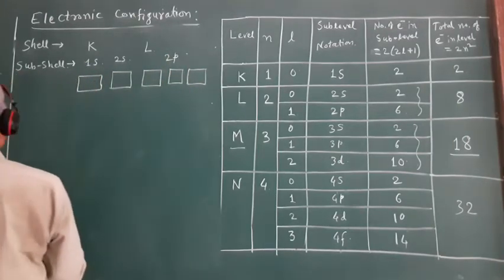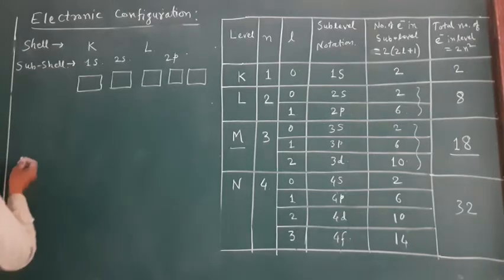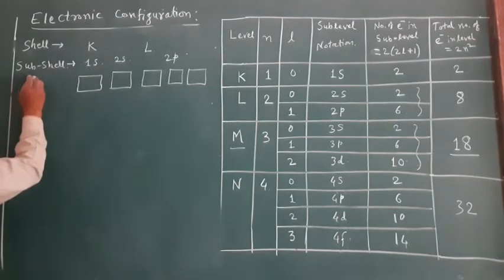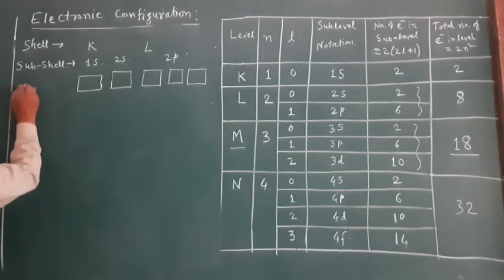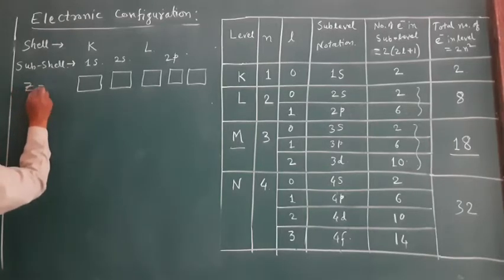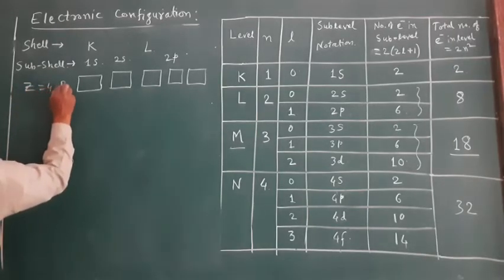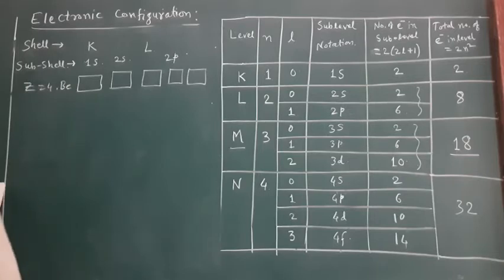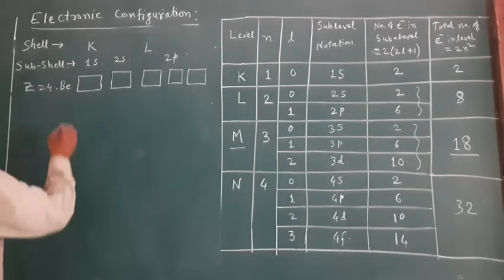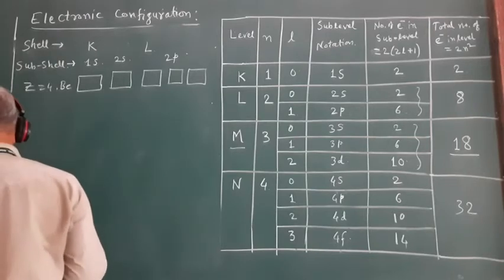Then the atoms. Here we consider the atom for which Z is equal to 4, beryllium. The 4 electrons in this beryllium atom are distributed.